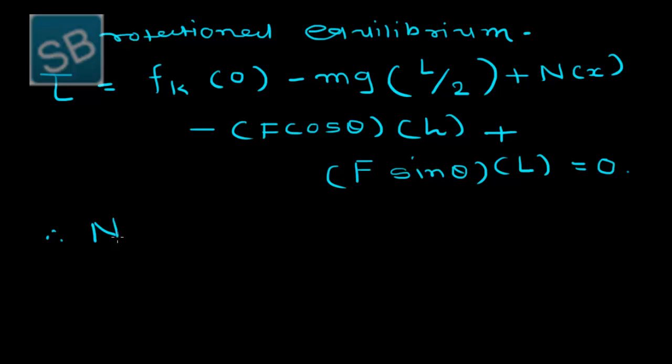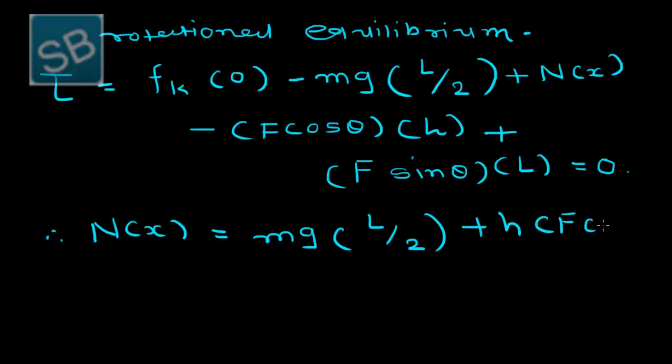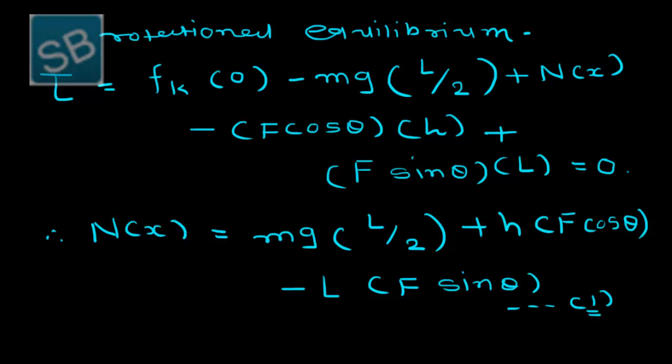So N of x equals mg into L by 2 plus h into F cos theta, and here the positive sign will go to the left hand side, so there is a change of sign, and hence the right hand side will be minus L into F sin theta, and this equation I am denoting as number 1.